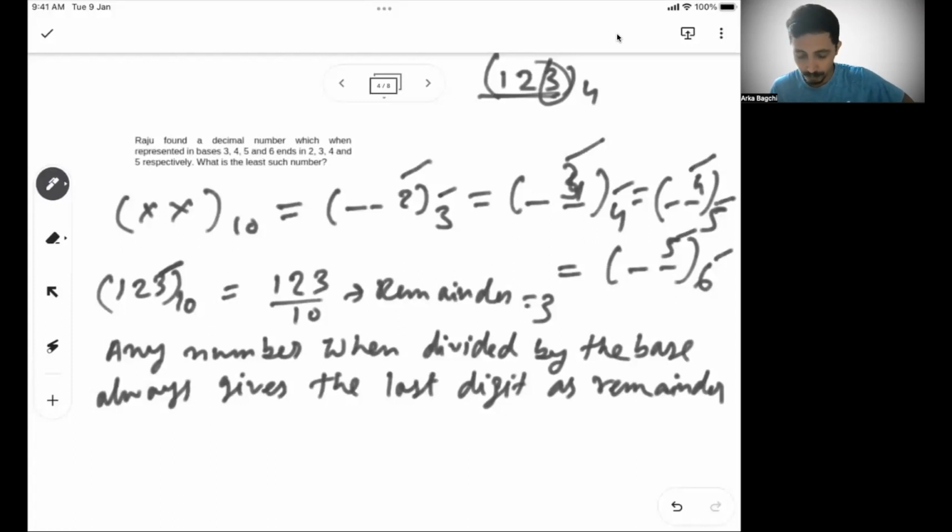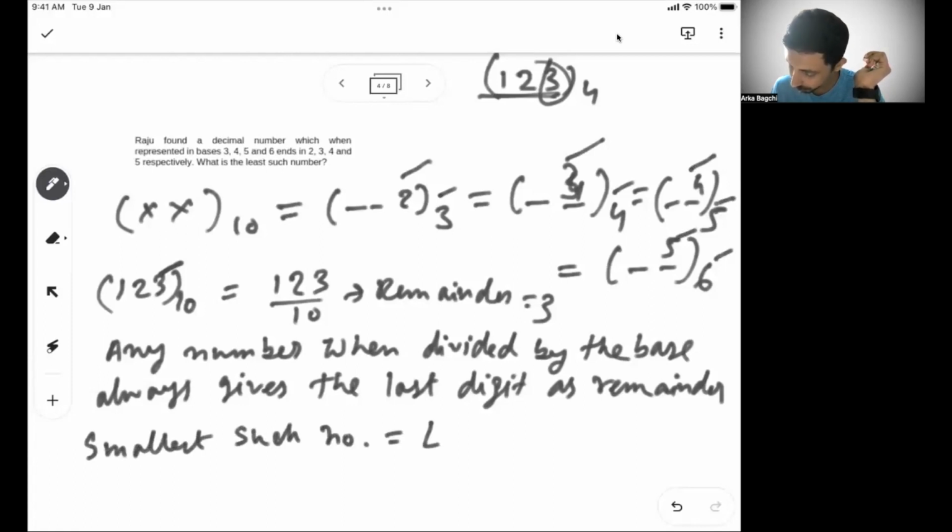So basically what I'm trying to say is, whenever you divide a number by a different set of numbers and every time you get a remainder where the gap between the remainder and the divisor is the same, you can go back to the number system class where we talked about the smallest such number.